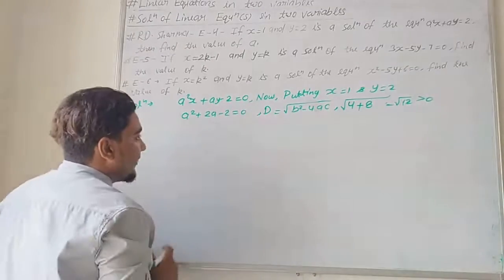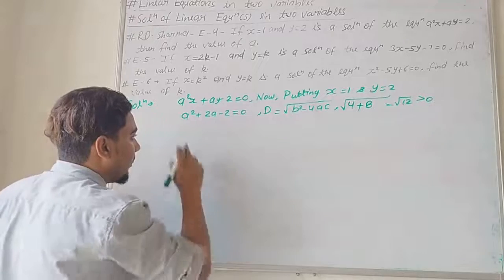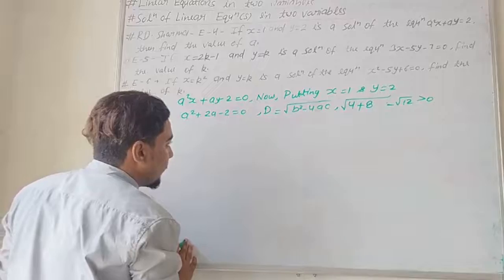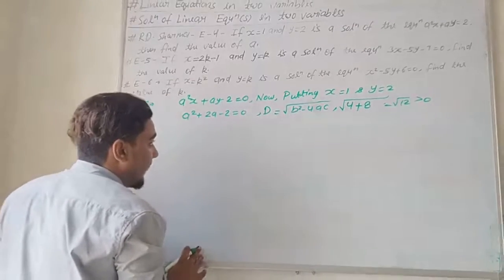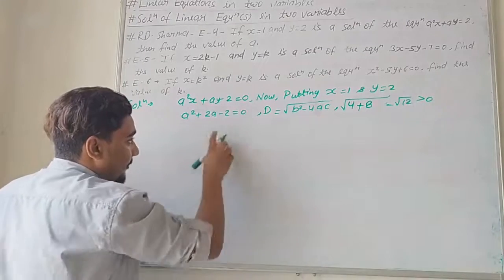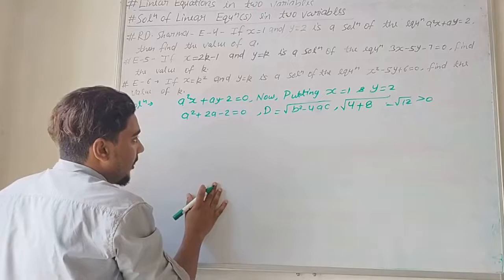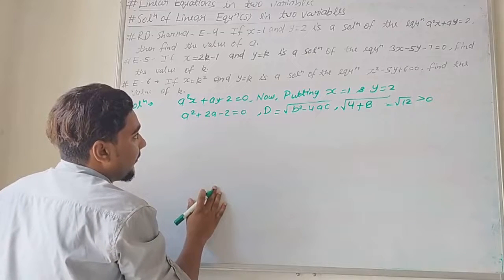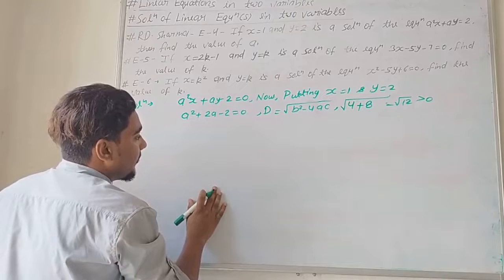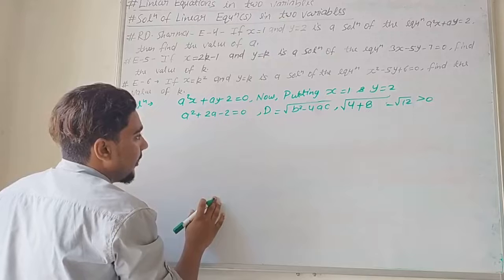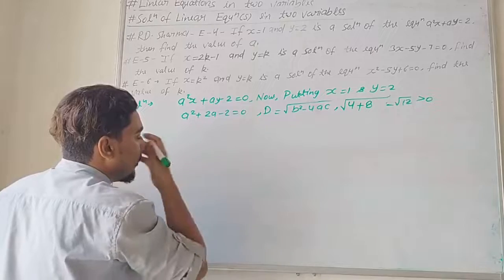So it is factorizable. Now what we do, factor 1 into minus 2, and we have to break the 2 into two parts such that the sum or difference works; since there is a negative sign, there should be a difference. x equal to 1 and y equal to 2 is the solution. I found D, b square minus 4ac, 4 plus 4 times 2 is 8, equal to root 12.